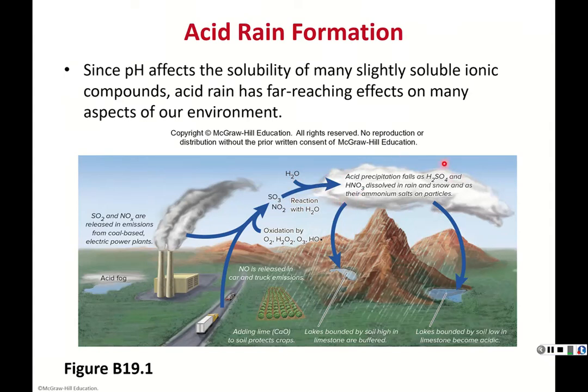You get the H2SO4, sulfuric acid, and nitric acid that's dissolved in rain and snow, and then that rain comes down, it washes over the soil and the rocks, and that can affect solubilities of certain minerals, and then you can get that leaching out into water supplies, which may or may not be a good thing.